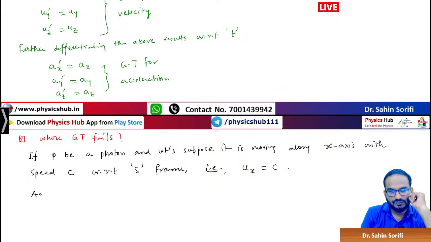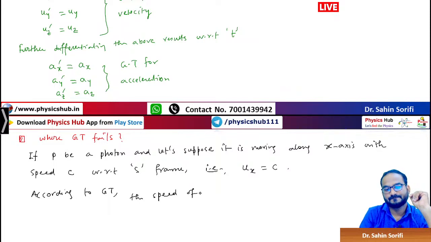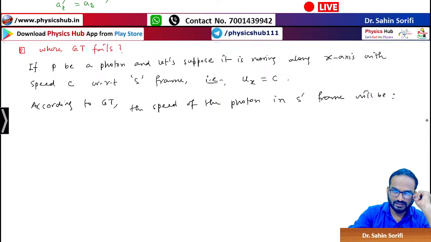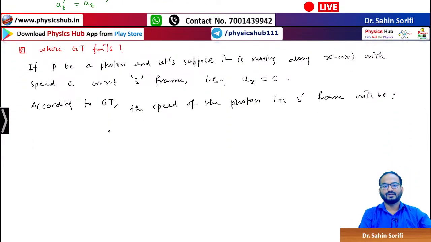So according to GT, what should be the speed of this photon in the S prime frame? It will become ux prime, right?